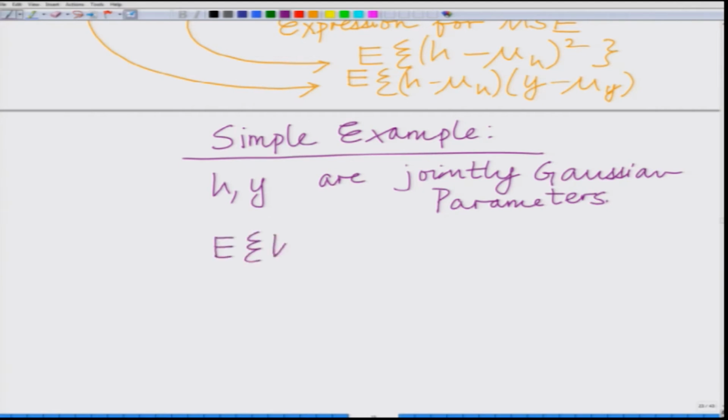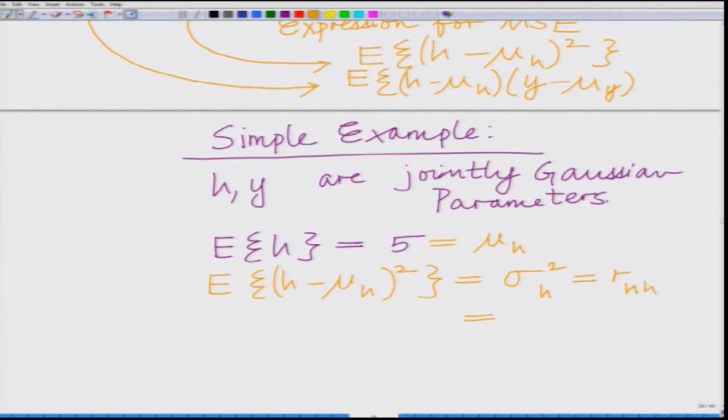expected h equal to 5, that is a non-zero mean, which is basically your mu h. The expected value of h minus mu h whole square is nothing but the variance sigma h square, which is also r h h, let us say equal to 1. So, sigma h square equals 1, which means sigma h is also equal to 1.